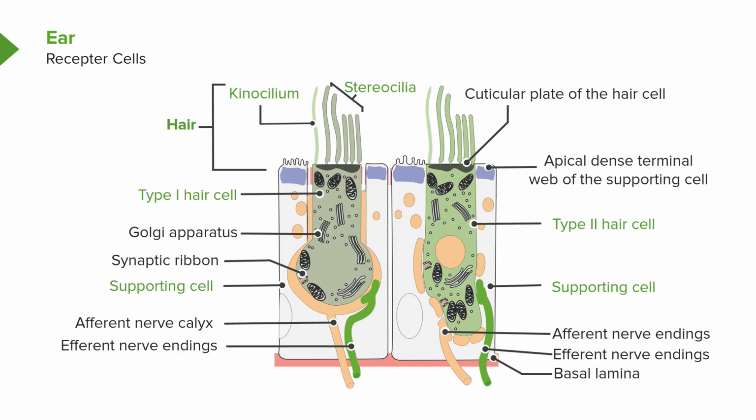At their apex, they both have projections called stereocilia. And notice that these stereocilia are different in length. They have a graded increase in length from one side of the cell to the other, and that's repeated along all the hair cells. And on the left lateral side of each of these hair cells, you see one cilium. It's called the kinocilium. That's a very important structure because that defines the polarity of the cell.